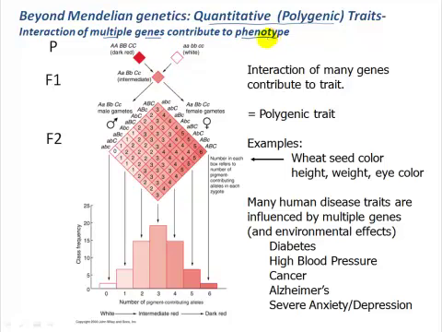And as you can imagine, there are a lot of phenotypes that are determined by the interaction of many different genes that all have to contribute. So if we think about something like height in humans, you could imagine that that's going to be dependent on a whole host of factors that are genetically determined. So you're going to have growth hormone that influences the height at which an individual is going to finally be determined to be.